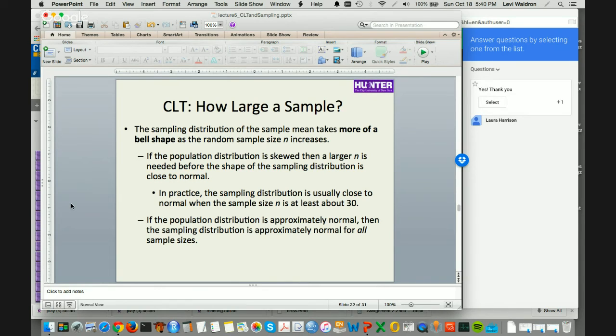That's not a hard and fast rule, in that if the population distribution is normal or close to normal, then the sampling distribution will be close to normal, even for quite a bit smaller n than that. But no matter what your population distribution is, even if it's bimodal or extremely skewed, the sampling distribution will still look normal if n is greater than 30.